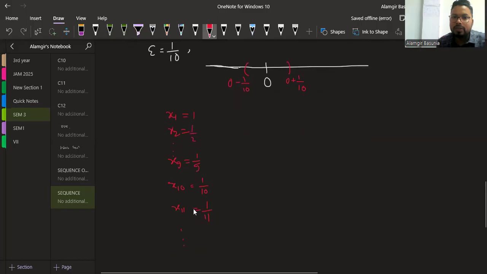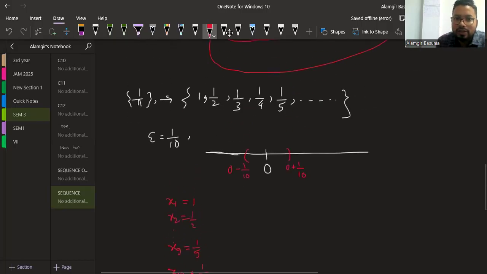Now, x1 is 1, and if 1 by 10 is here, you can see clearly that 1 is outside that region.